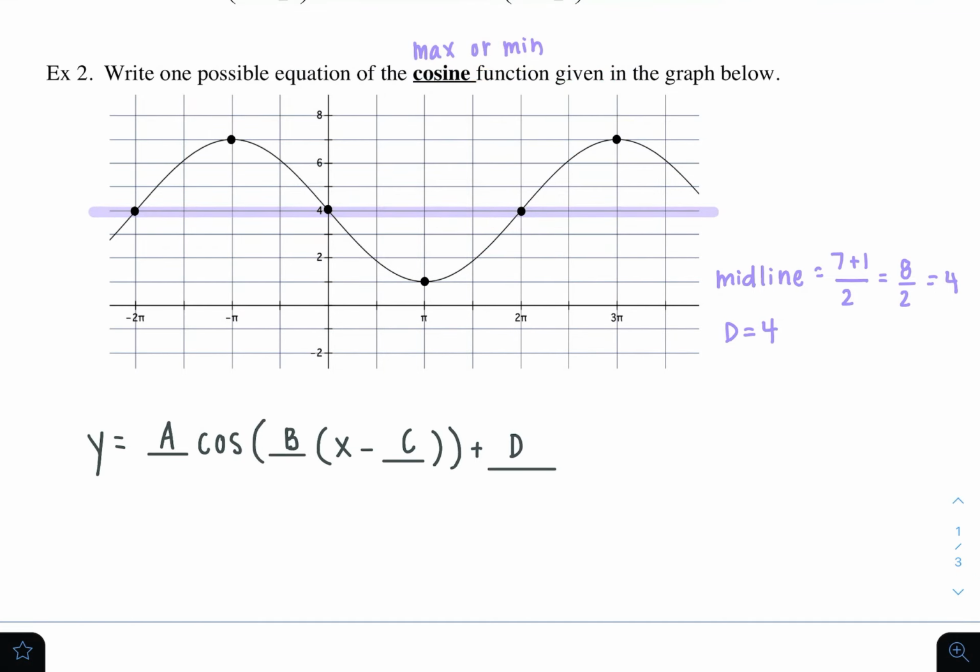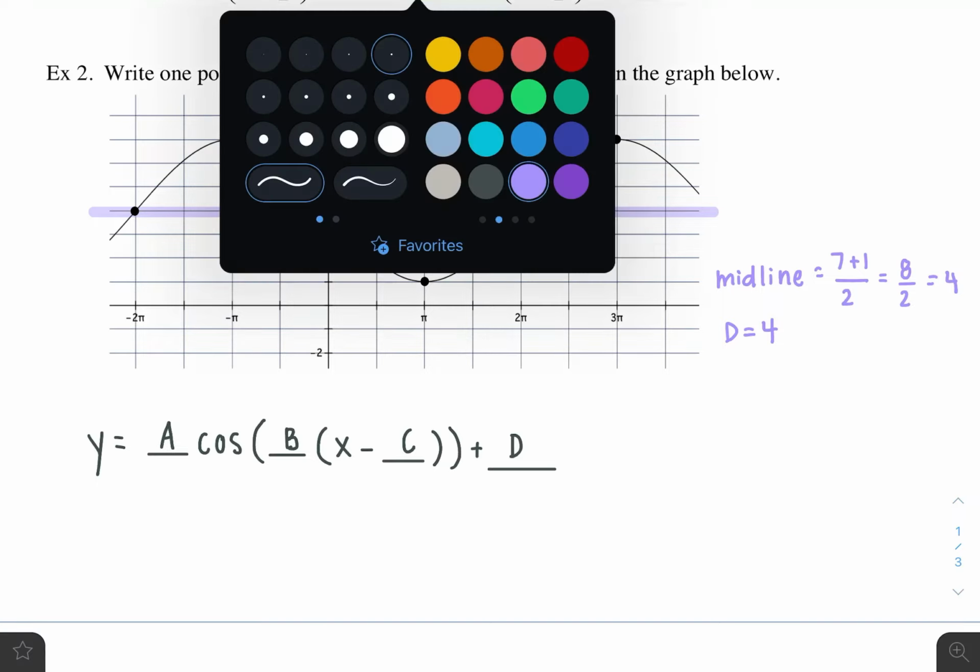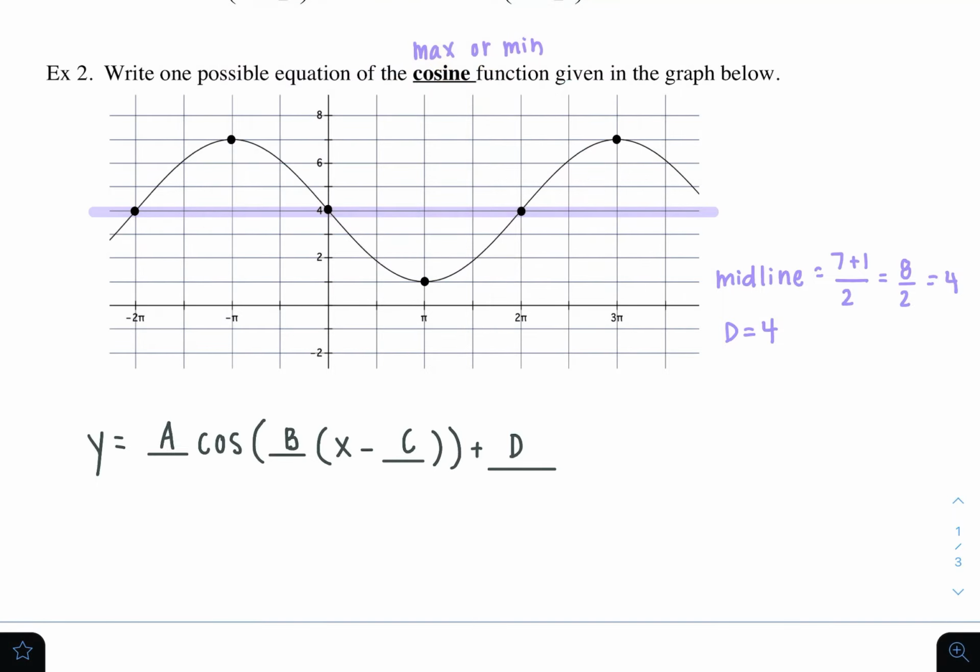So we can go ahead and add that in place of d. We find our amplitude by taking our highest point, which is 7, and subtracting it from our midline, which is 4. Therefore, our amplitude is 3, as you can see that distance right here.